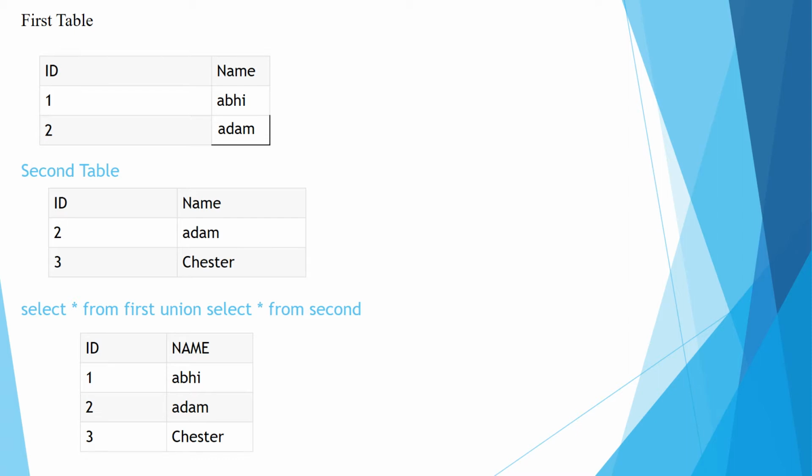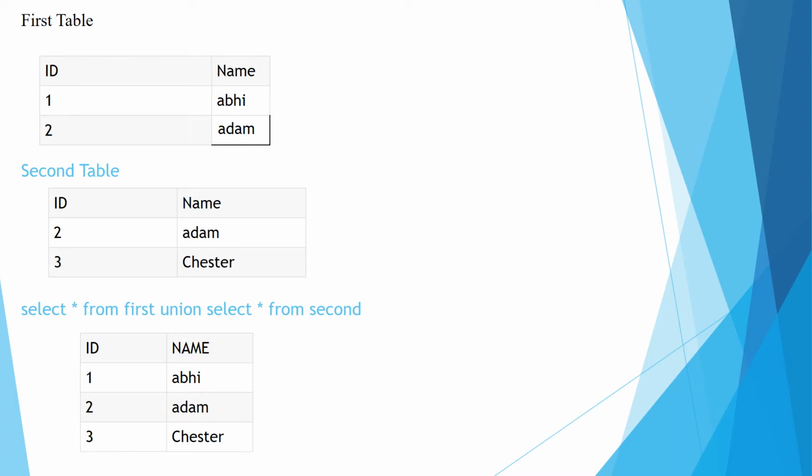For the first set operation, union, we use select queries. Select asterisk from first, union, select asterisk from second. The asterisk represents all the attributes in the table. In this table there are only 2 attributes, ID and name.